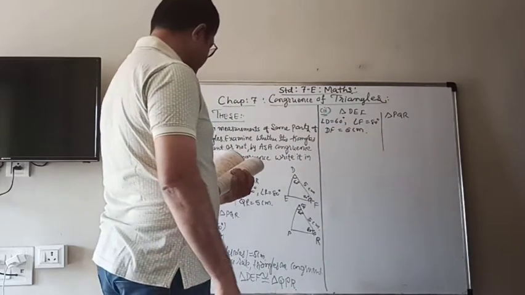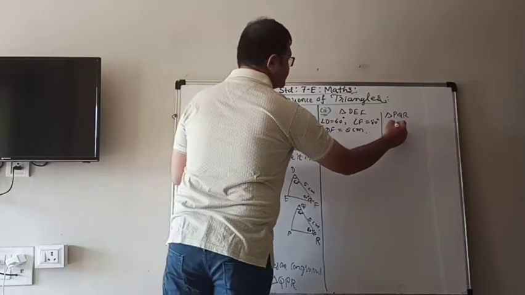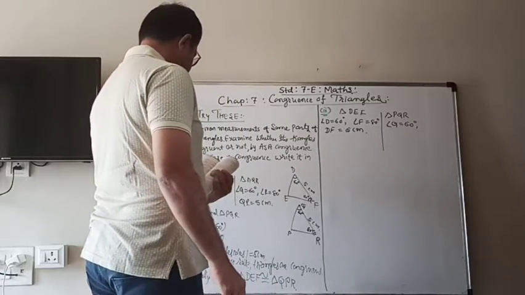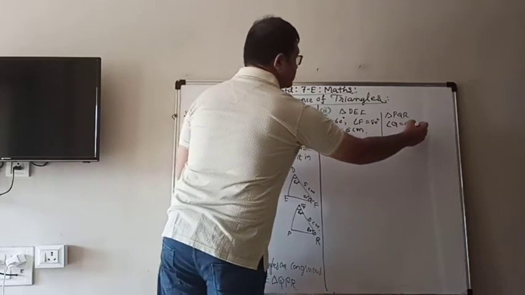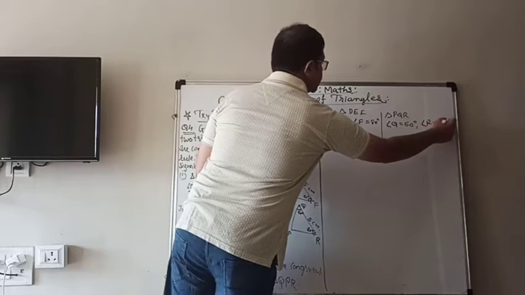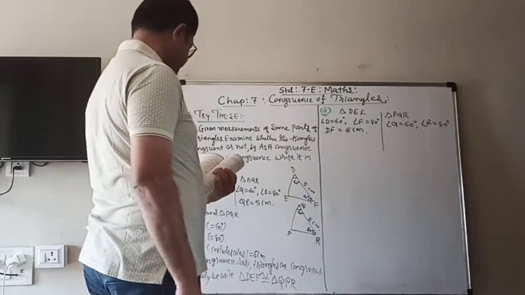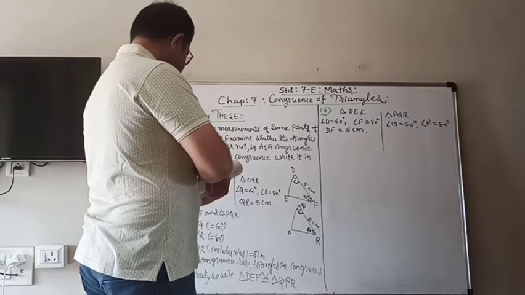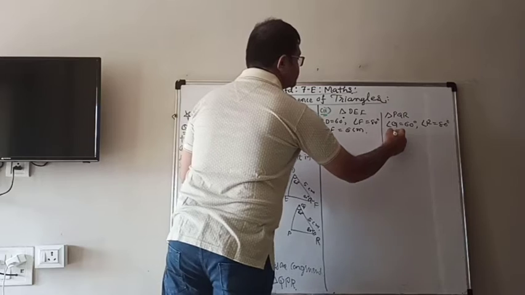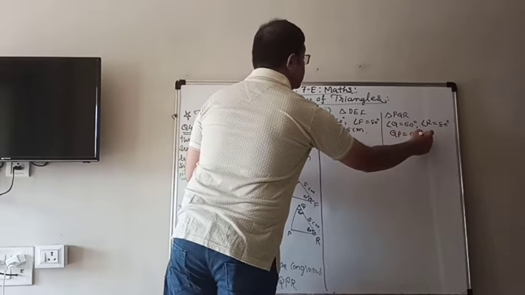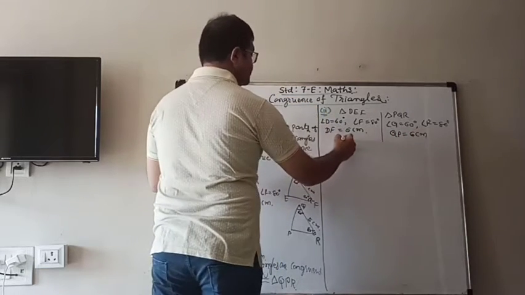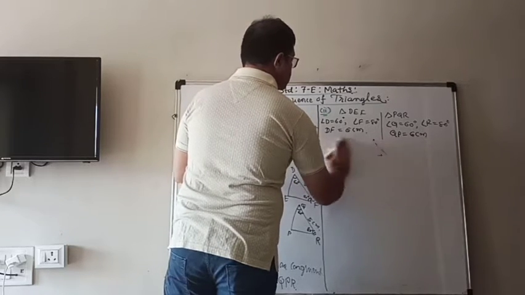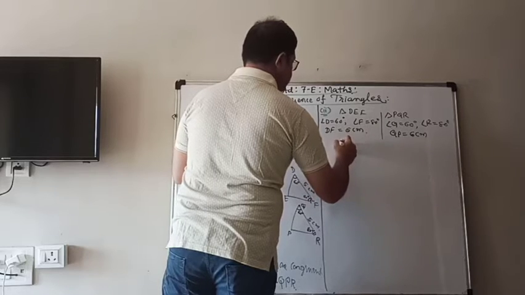While in triangle PQR, angle Q is 60 degree. Angle R is equal to 80 degree. And QP equals 6 centimeter. Now here also we will draw two triangles for our understanding.